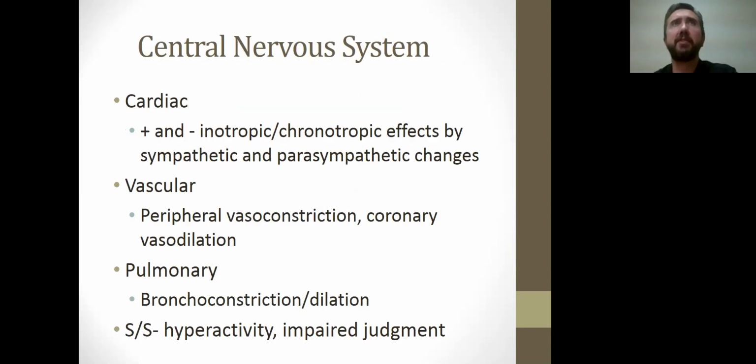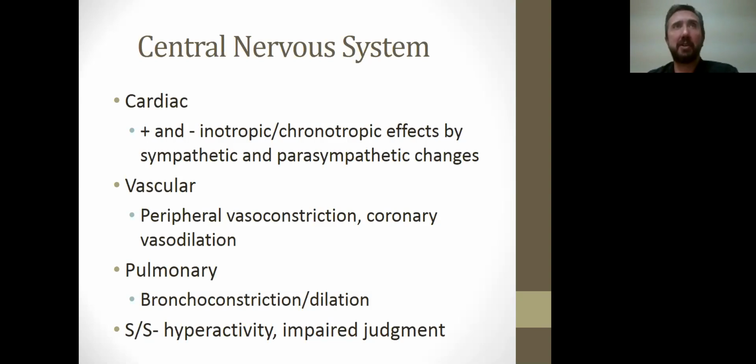Now, the central nervous system, typically we're going to see compensatory actions taking place due to positive and negative inotropic effects in the sympathetic and parasympathetic nervous system. And this may be due to the frequency of the flight, the duration of the flight, noise, vibration, and so forth. It can affect both patient and clinician.